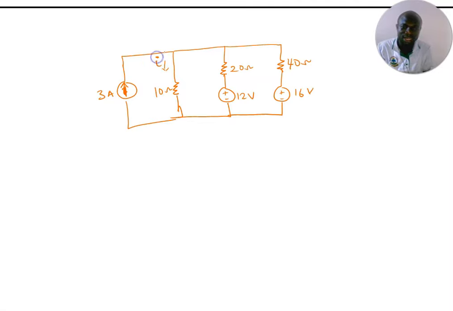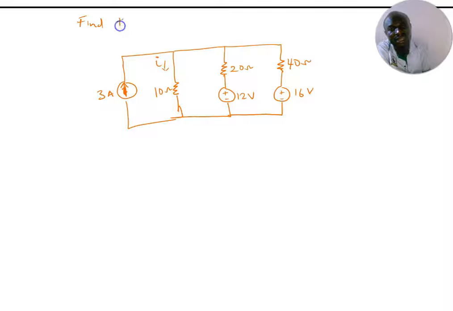That was I. So our target is to find the current, or possibly the voltage. Once you're able to get the current, you just multiply with 10 to get the voltage. So the question is asking us to find the current flowing through the 10 ohm resistor.